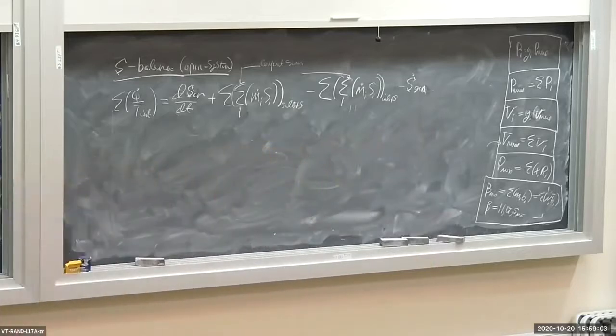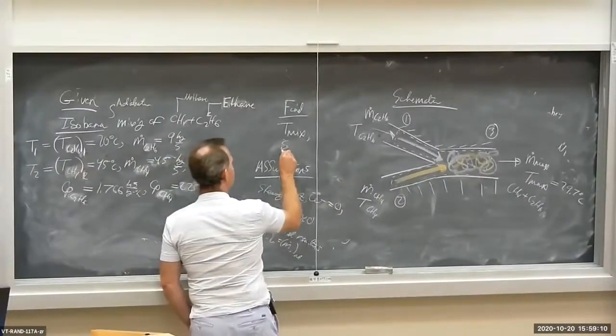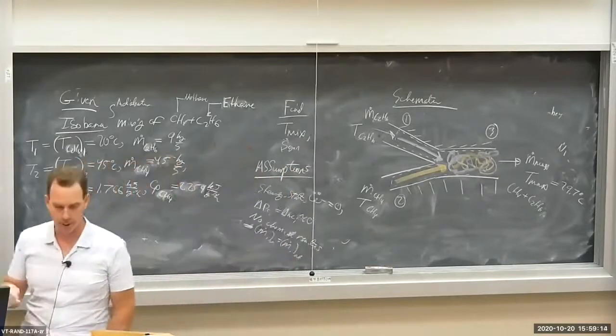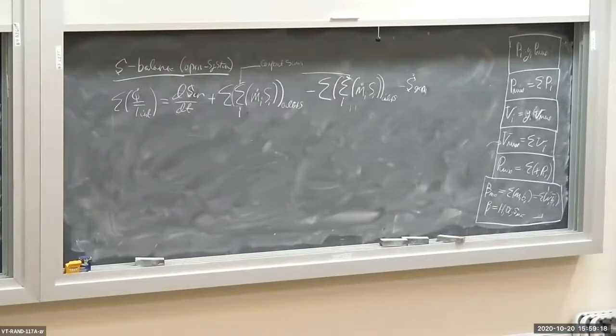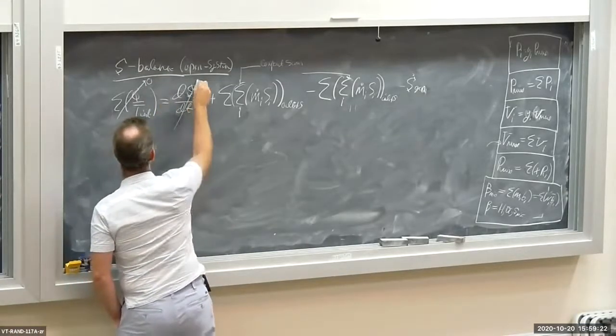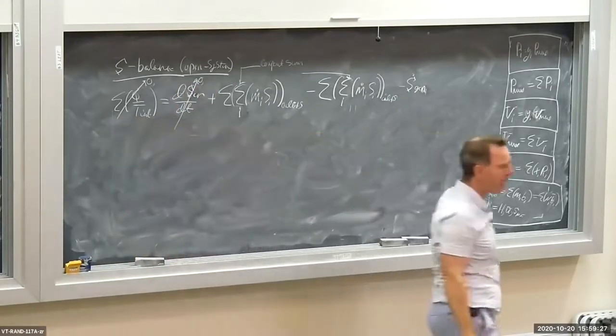So we want to find S dot gen due to mixing, okay? So no heat transfer, so there's no entropy transfer due to a heat interaction. There's no change in entropy within the control volume at steady state.